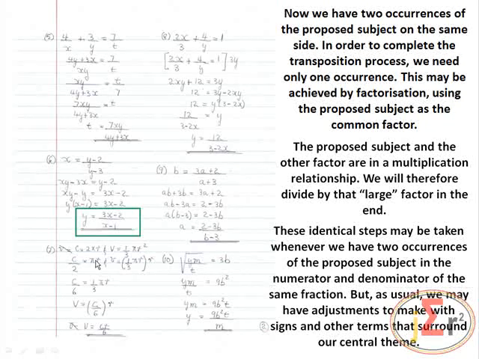And our central theme is to make whatever is given to us the subject of the formula. And I am saying that we may take identical steps in solving a problem in which we have the proposed subject occurring in the numerator and the denominator of the same fraction.